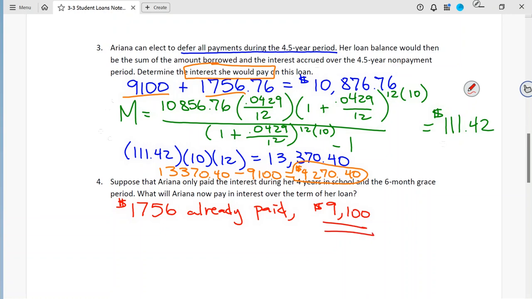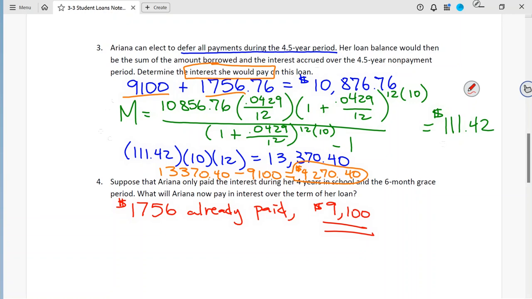This is going to be the P in your monthly payment formula. What I want you to do is to pause the video and try to finish this problem. If she only borrowed $9,100, how much she's paying back for monthly payments, then how much would she pay in interest over the term of her loan? Please pause the video and give this problem a try.